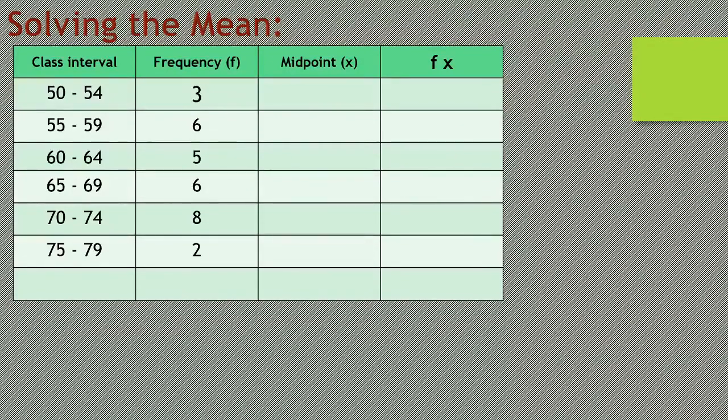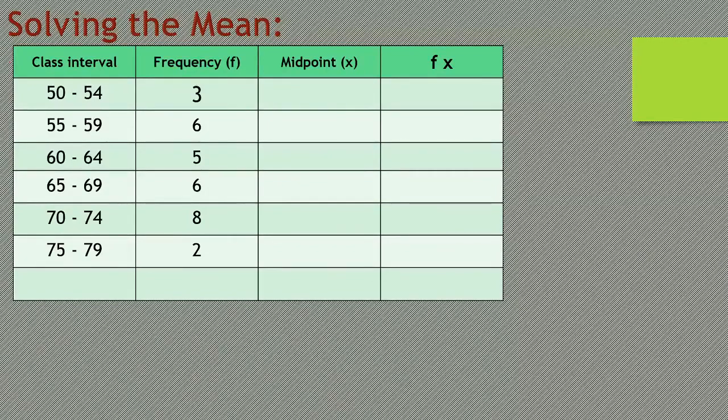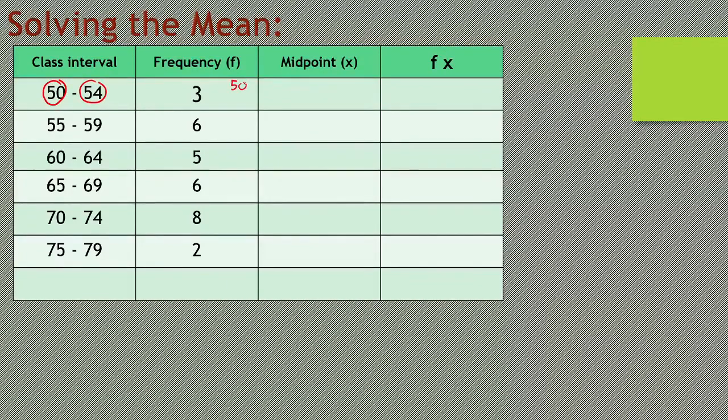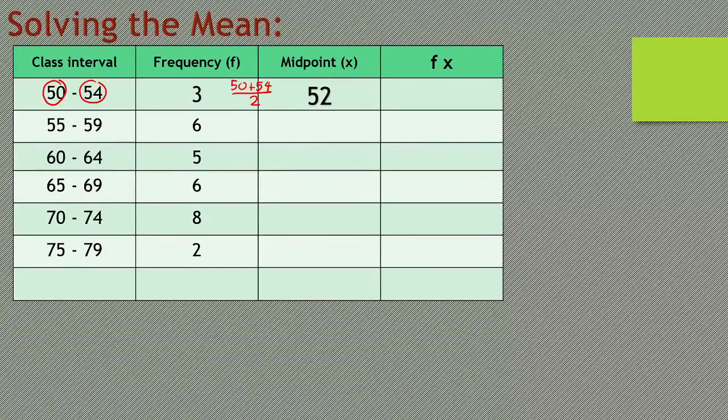How do you solve the midpoint? You will be adding 50 and 54. What is 50 plus 54 divided by 2? 104 divided by 2, you will get 52 for that.